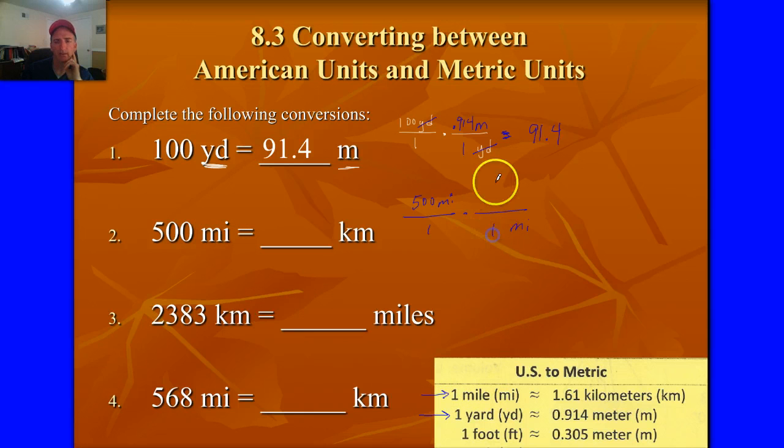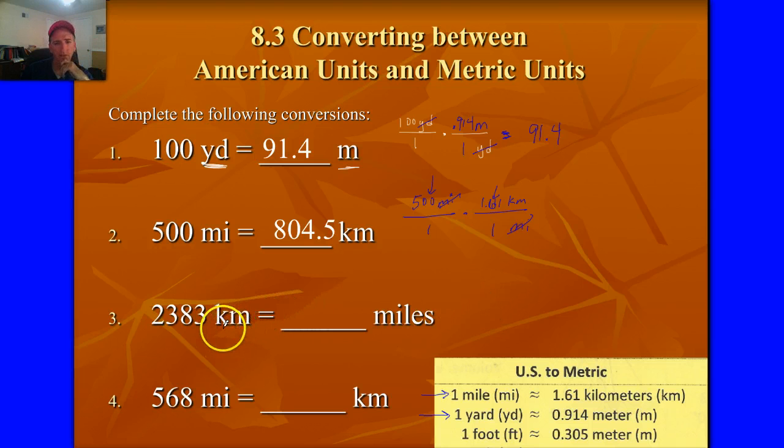We have 1 mile is equal to about 1.61 kilometers. Okay, that cancels out. You have 500 times 1.61, and that is 804.5 kilometers. And voila, you've got it.